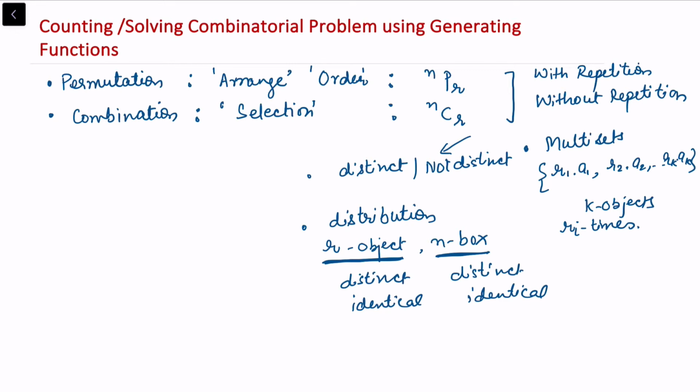Now in this video also I want to start by solving some combinatorial problems. Combinatorial here means we are counting something using the notion of generating functions. I will begin with a simple problem. Consider a set S in which the objects are distinct: a, b, c.